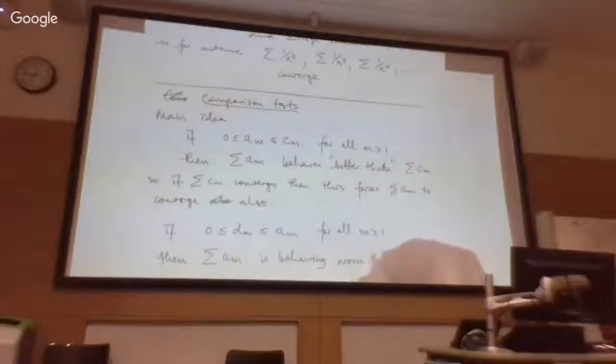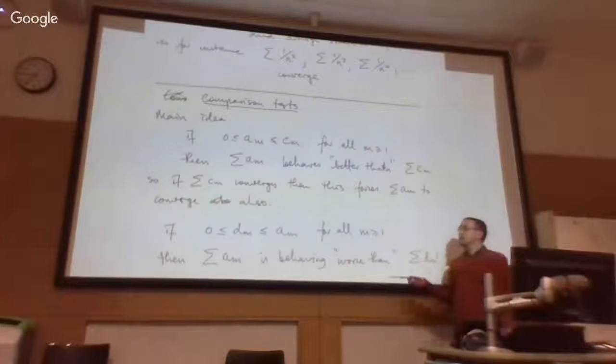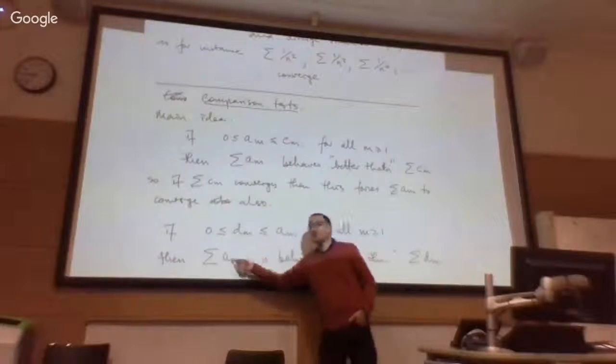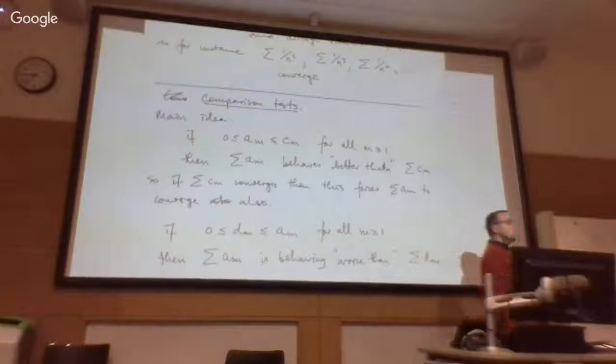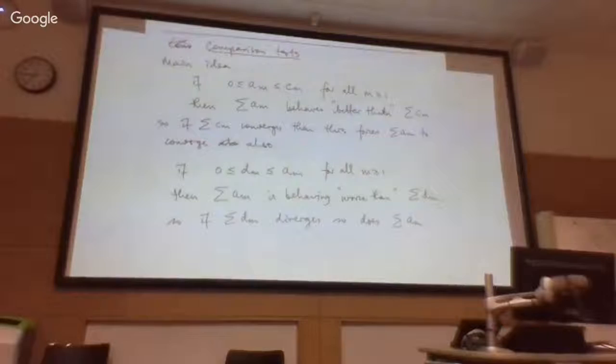It's growing faster than the sum of d_m. So if the sum of d_m is diverging, and the terms we're looking at are bigger than those, then the sum of a_m must be diverging also. So if the sum of d_m diverges, so does the sum of a_m.